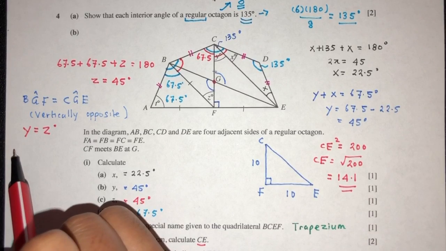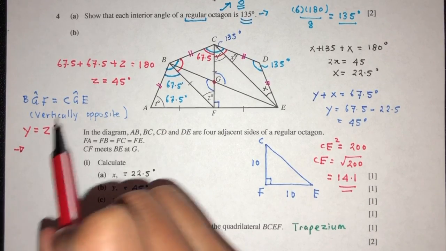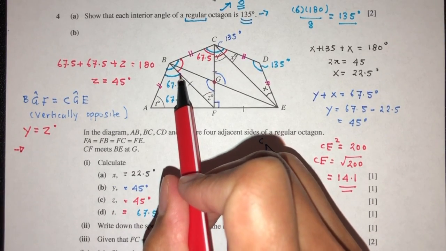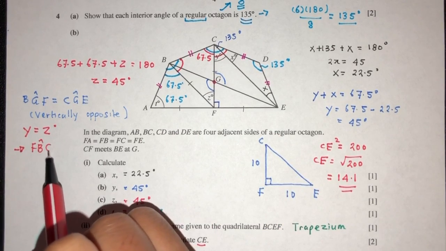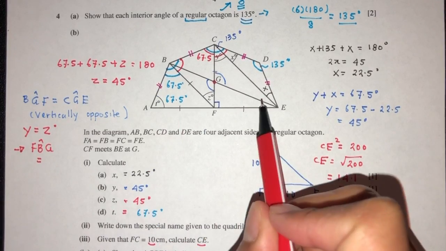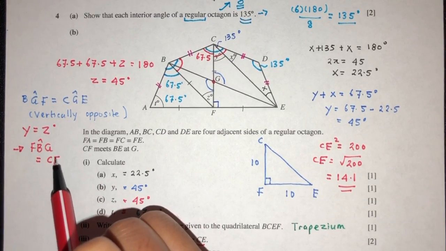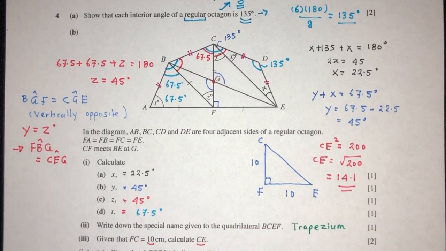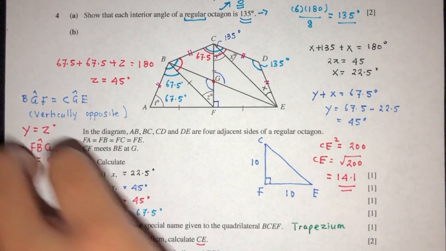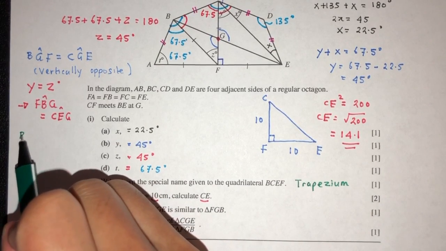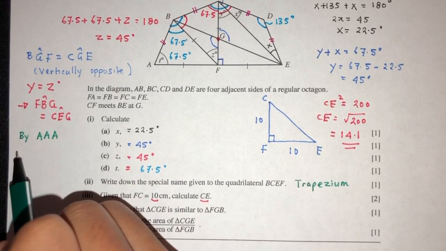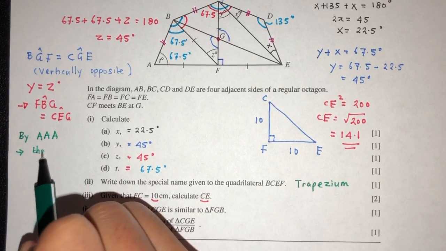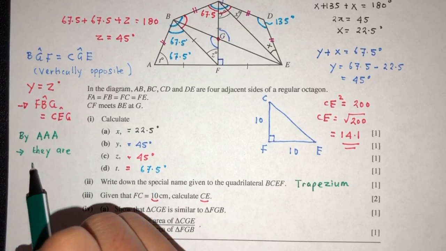Now obviously, since two angles are the same, we also realize the third angle will also have to be the same, which is angle FBG is equal to angle CEG, because it is the third angle of the triangle. So finally, you will just write by AAA, which is we have shown all the corresponding angles are equal. We can conclude they are similar.